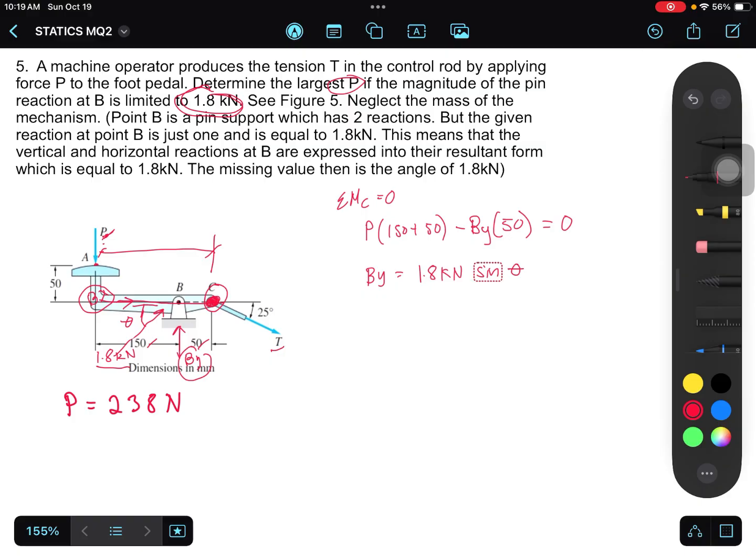So, wala tayong theta. Kung this is my equation 1, this is my equation 2, I will substitute 2 in equation 1. So, that will be 200 P minus 1.8 sin theta times 50 equals 0. Let me call this equation 3.